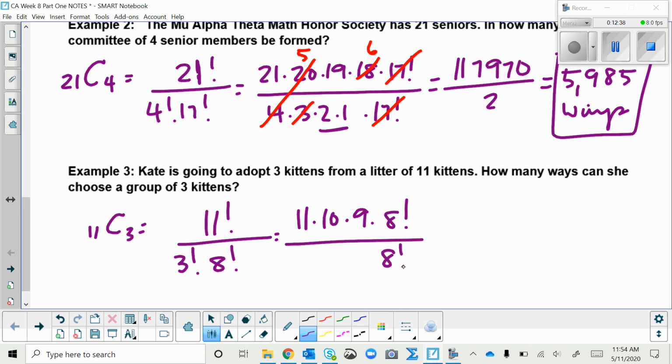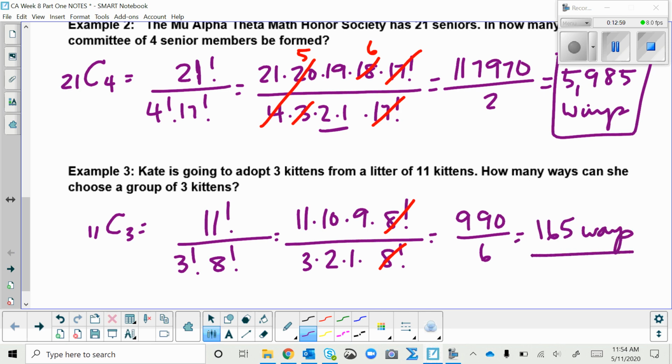Because I'm going to cancel it out with the 8 that's on the bottom. And then break down 3 factorial. Multiplying across the top gives you 990, and across the bottom is 6. That means there are 165 ways she can choose a group of 3 kittens.